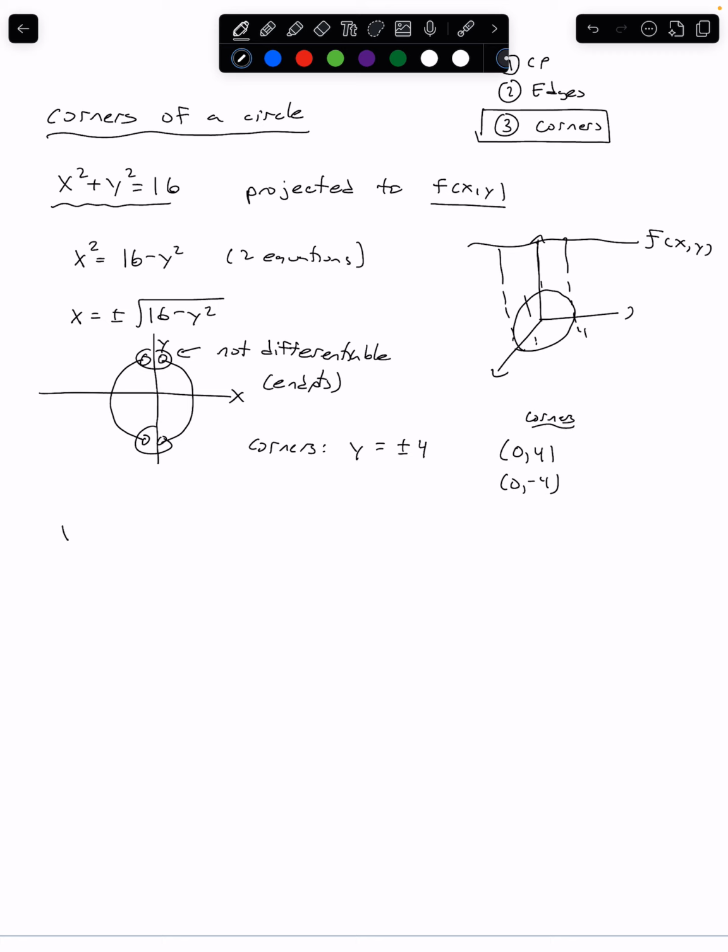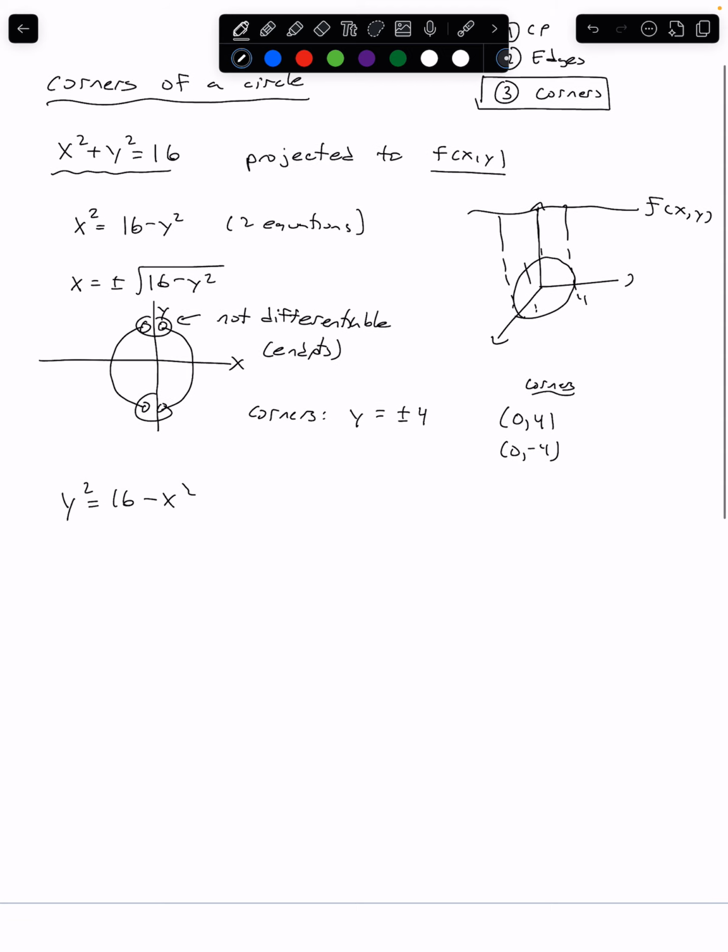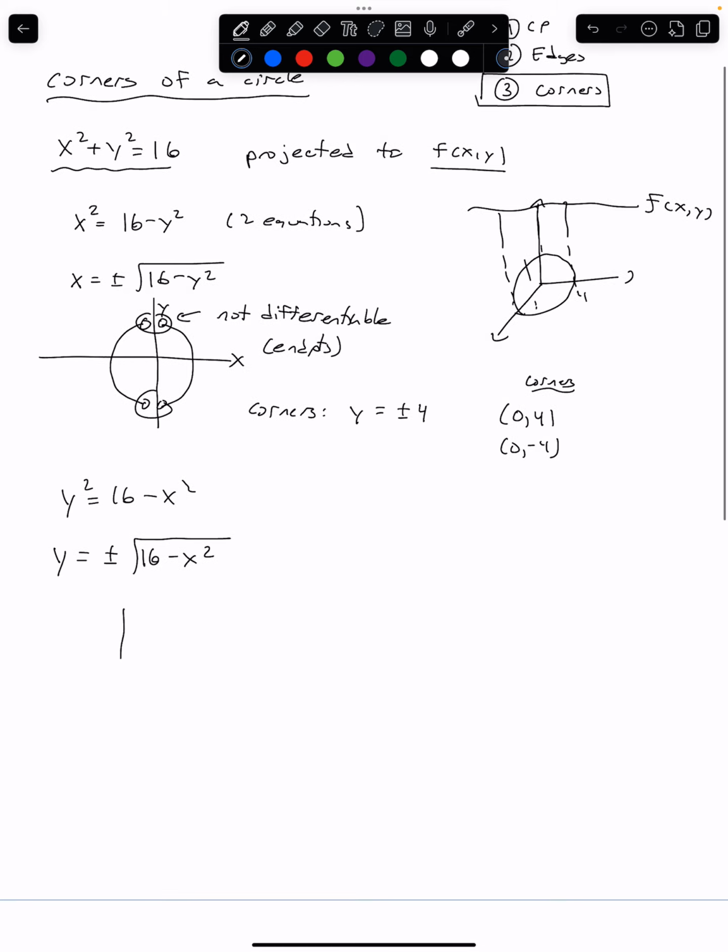Now, what if I did the other way? Say y squared equals 16 minus x squared. Again, this gives us 2 equations: y equals plus or minus the square root of 16 minus x squared. If I think of the xy plane, this gives me 2 halves of a circle, but in this case the endpoints are on the x-axis.